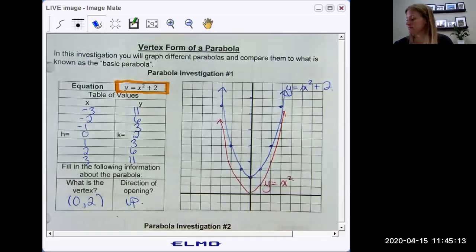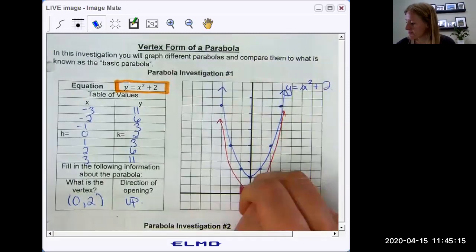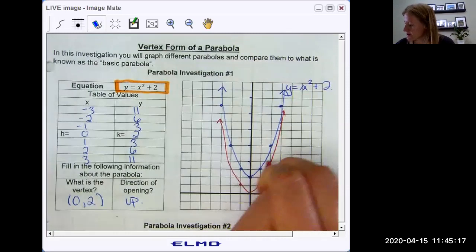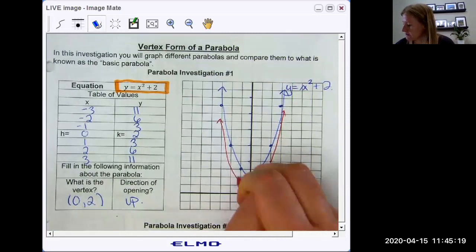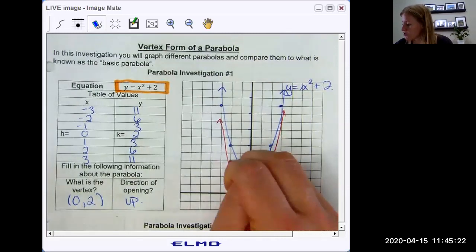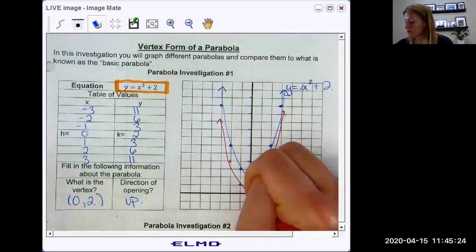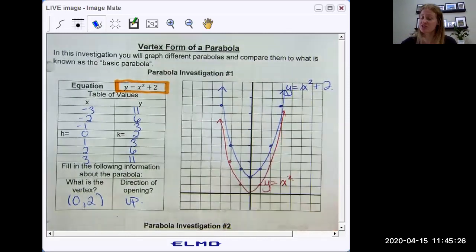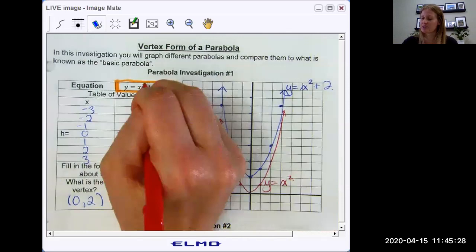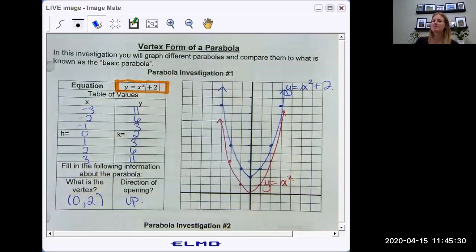Every point on our base parabola, my sketch is a little off, just moved up 2 units. Interesting connection to this part of our equation, which is the only thing that changed. Let's keep that in mind.